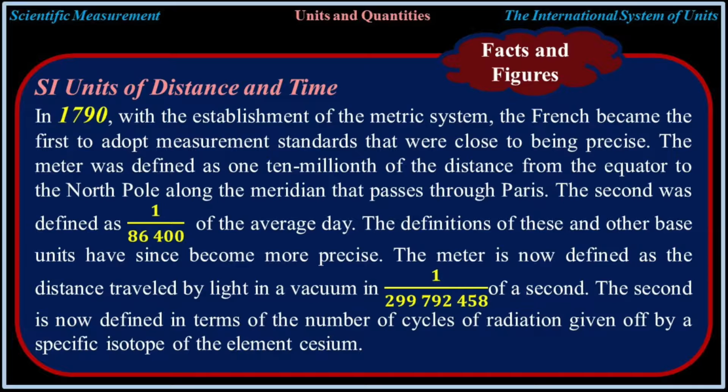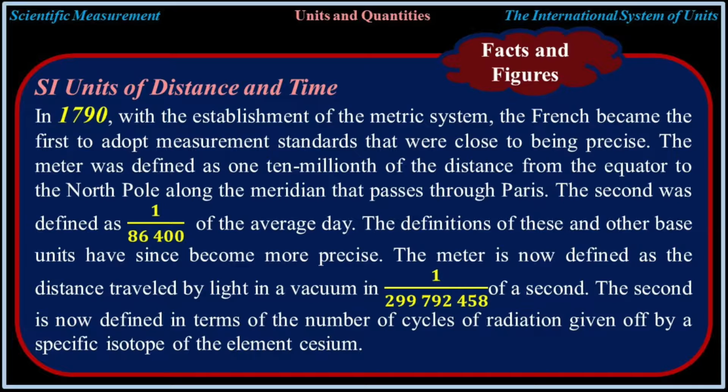SI units of distance and time. In 1790, with the establishment of the metric system, the French became the first to adopt measurement standards that were close to being precise. The meter was defined as 1/10,000,000th of the distance from the equator to the North Pole along the meridian that passes through Paris. The second was defined as 1/86,400 of the average day.